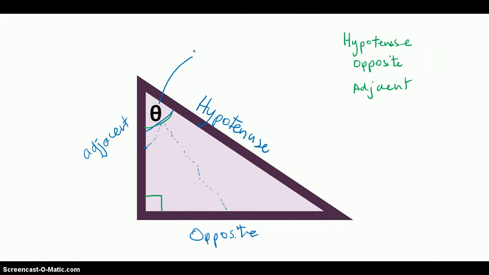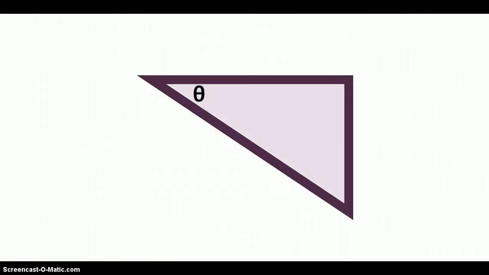So you can see this all stems from the fact that this is the reference angle. Now I'd like you to pause the video and spend a bit of time to label this triangle yourself, and then unpause when you're ready. Alright, so pause right here.